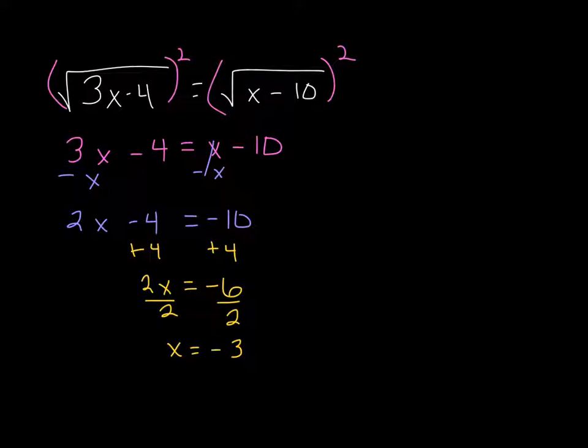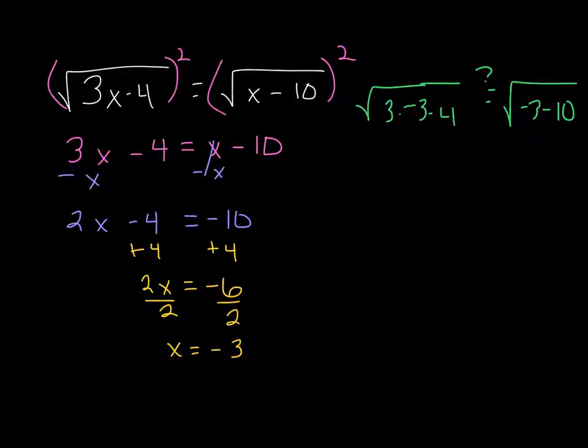Okay, now let's check our answer. We got x equals negative 3. So square root of 3 times negative 3 minus 4 should equal square root of negative 3 minus 10.